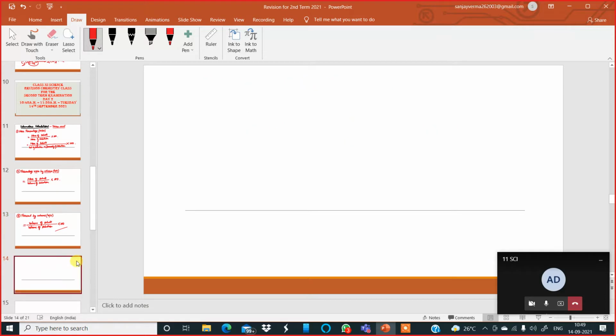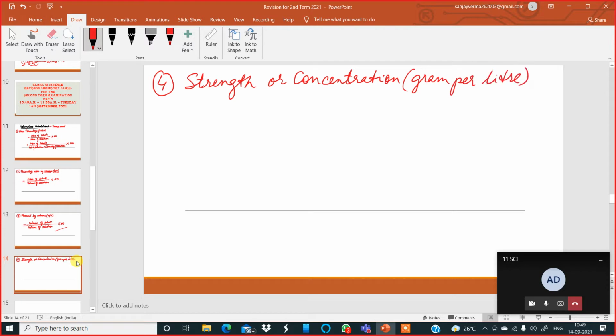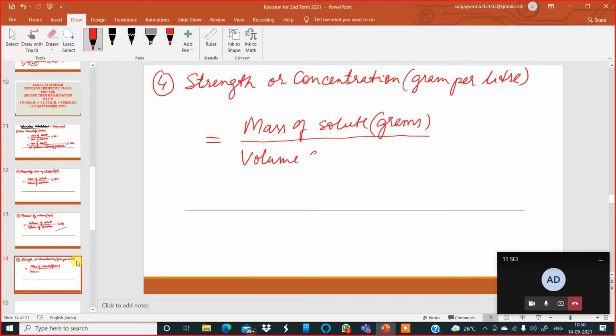Next one, number 4, is called strength or concentration, in grams per liter. Here the formula for strength or concentration is mass of solute, which is in grams, divided by volume of solution, which is in liters.